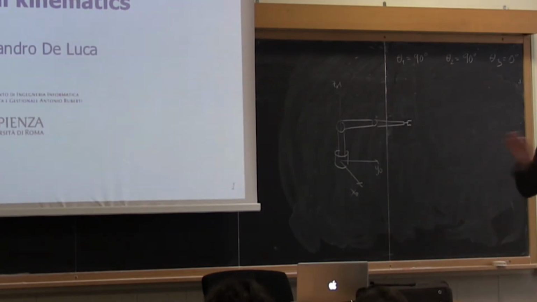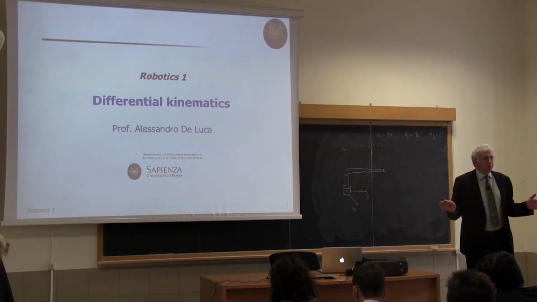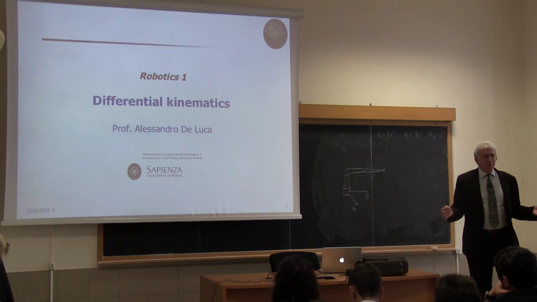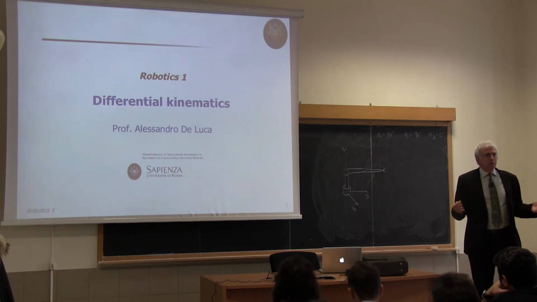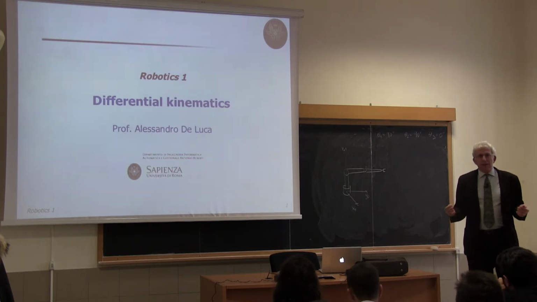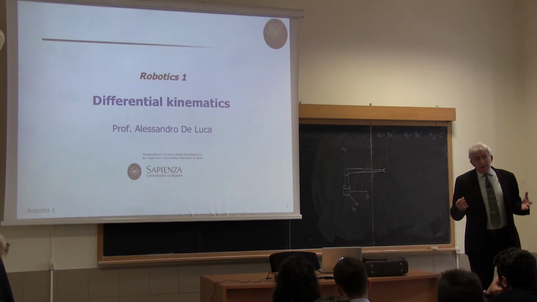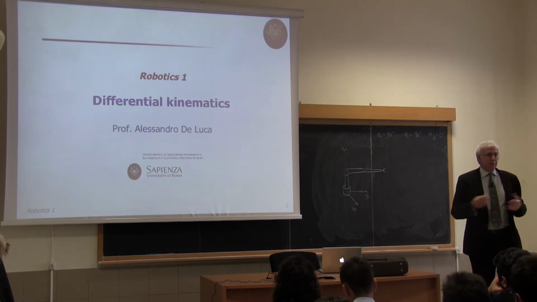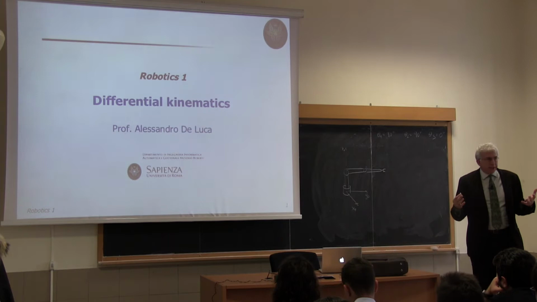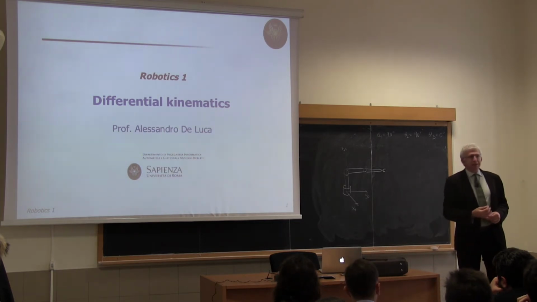The robot is not moving, but of course there is no robotics without motion. So we should start moving the robot. How do we move the robot? We apply torques with the motors at the joints, and the joints will start moving. In order to understand how they move, we would indeed need information on masses and inertia, because if it's light, the same torque will accelerate the bodies a lot.